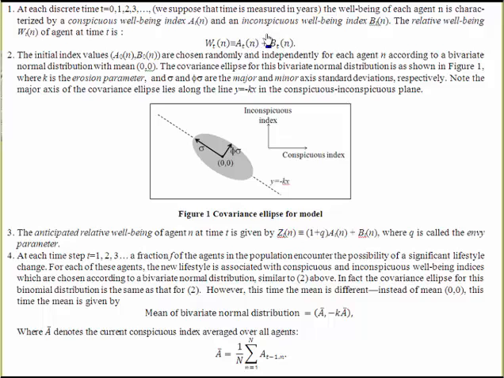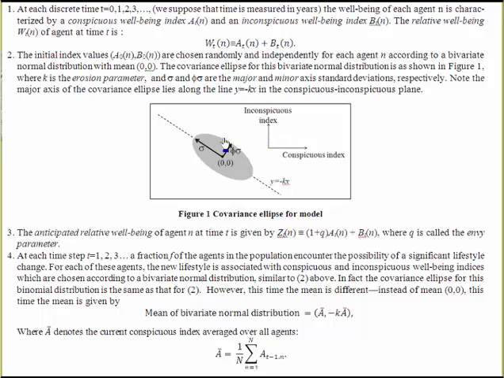Now, we choose the distribution of these conspicuous and inconspicuous well-being indices with a bivariate normal distribution, and the uncertainty region is something like this ellipse here, where we measure conspicuous on the x-axis and inconspicuous on the y-axis.